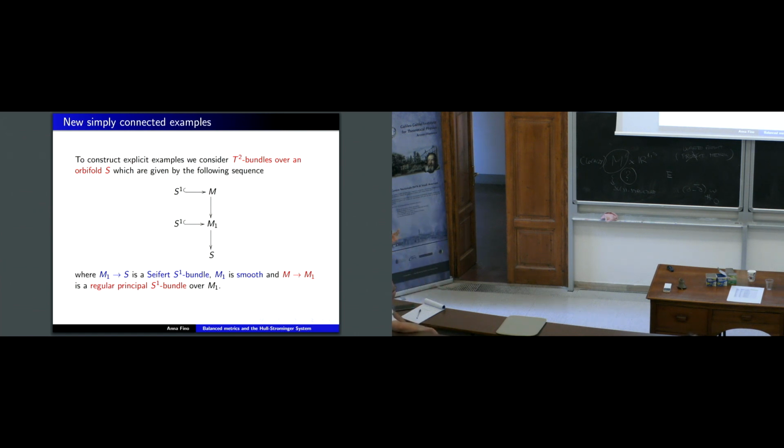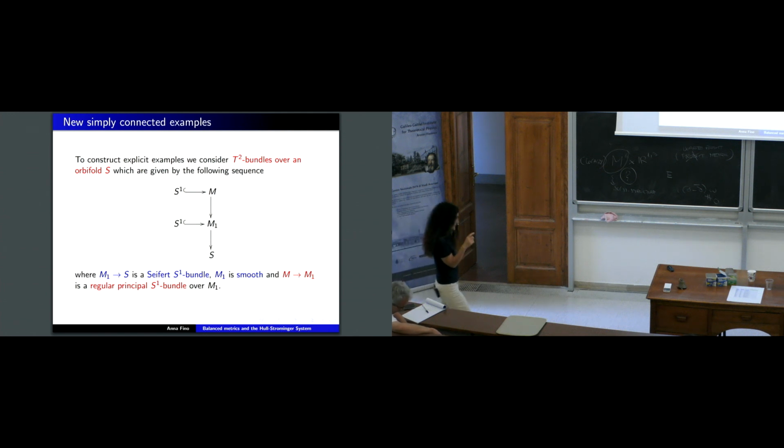So how do we construct this bundle? Okay, this is something that Seifert S1 bundles appear are quite useful for the construction of Sasaki-Einstein structure, let's say, metric. Anyway, we start with S, our orbifold, so you have a singularity. In fact, the singularities that we consider are only isolated cyclic singularities.